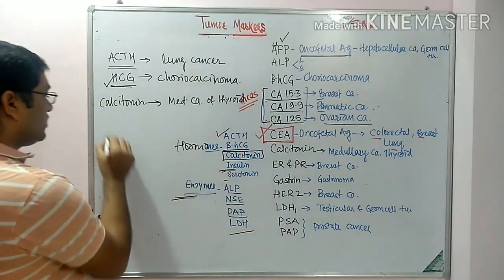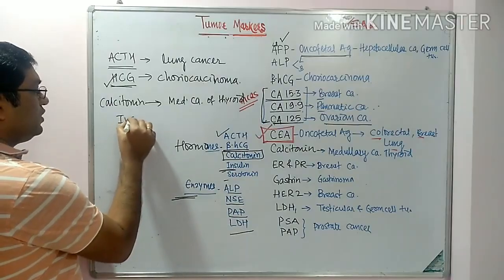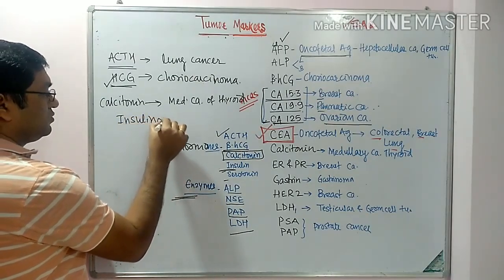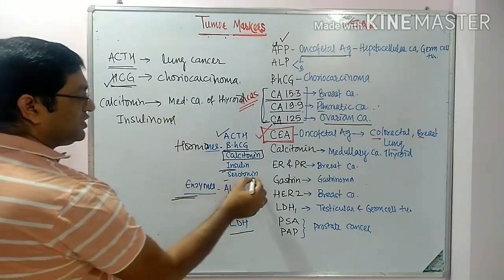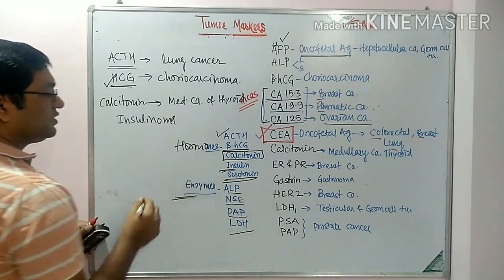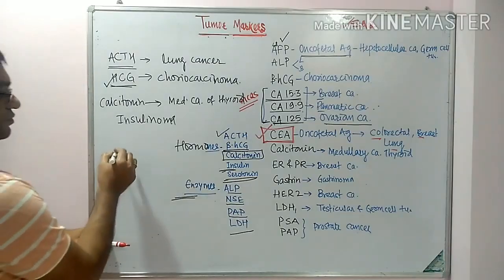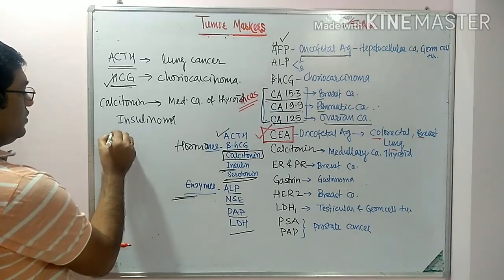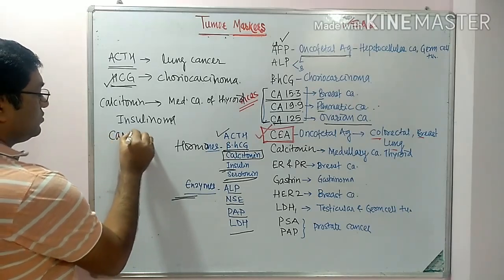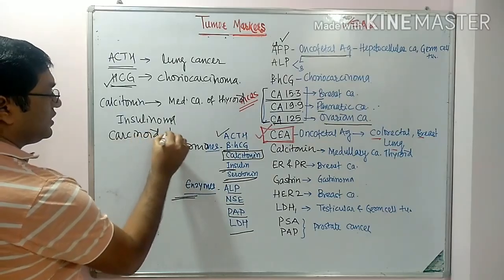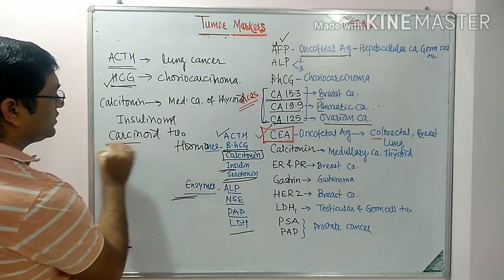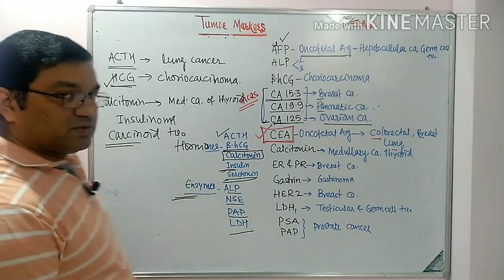Insulin is used for insulinoma. And serotonin is used for detection of carcinoid tumors.